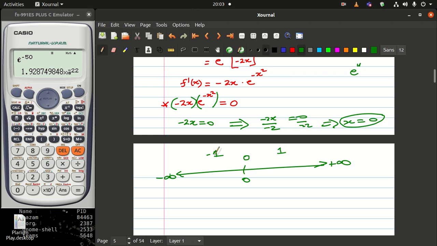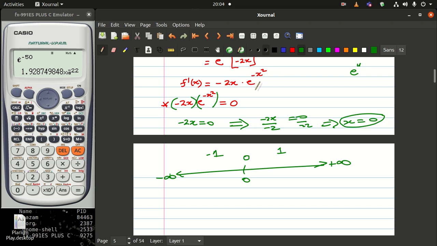And then if I take this value and plug it into the first derivative, I will get minus 2 times minus 1, which is going to be a positive 2. Whatever I do here, I will still get a positive thing for the exponential part, it's not going to be negative at all, because it's e raised to something.